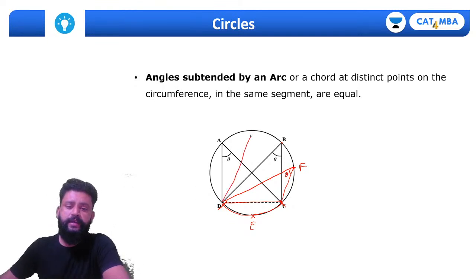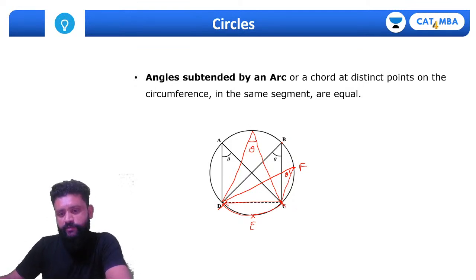Here you obtain as many angles as you like, the angles obtained by that arc or this chord DC are always equal. The same way, if you try in the opposite segment, guys, these will also all be equal but will not be theta.